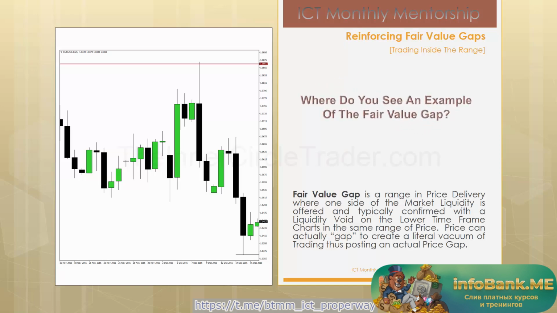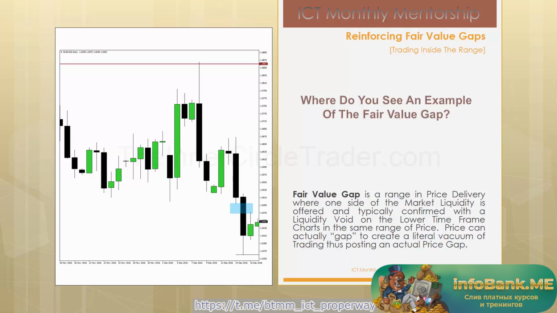Okay, and I'm going to ask you, where do you see an example of the fair value gap? I'm going to draw your attention to it here. It's that blue shaded area on the daily chart. Let me explain why I'm shading in that specific area of price.